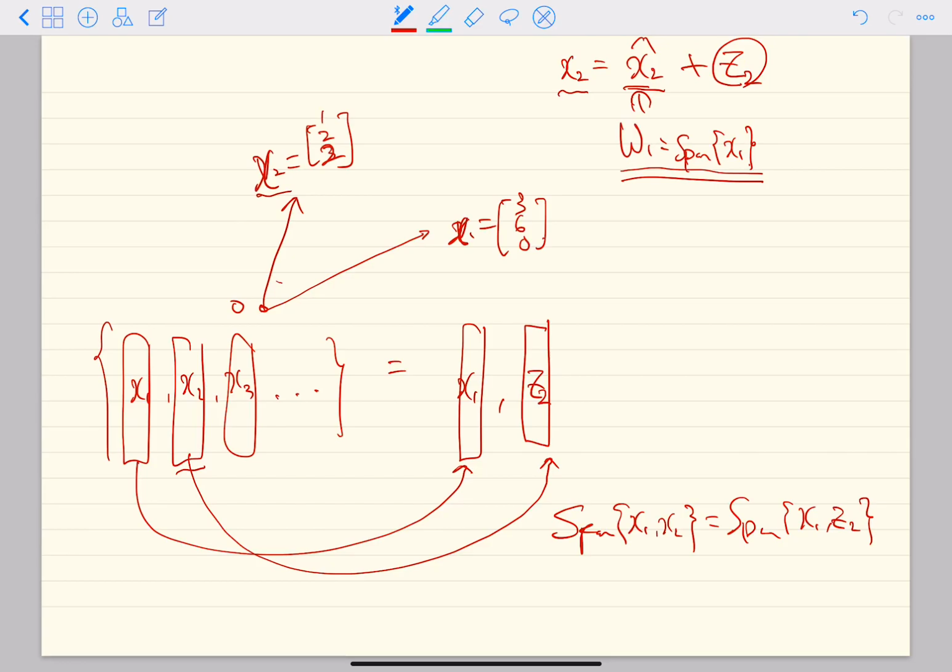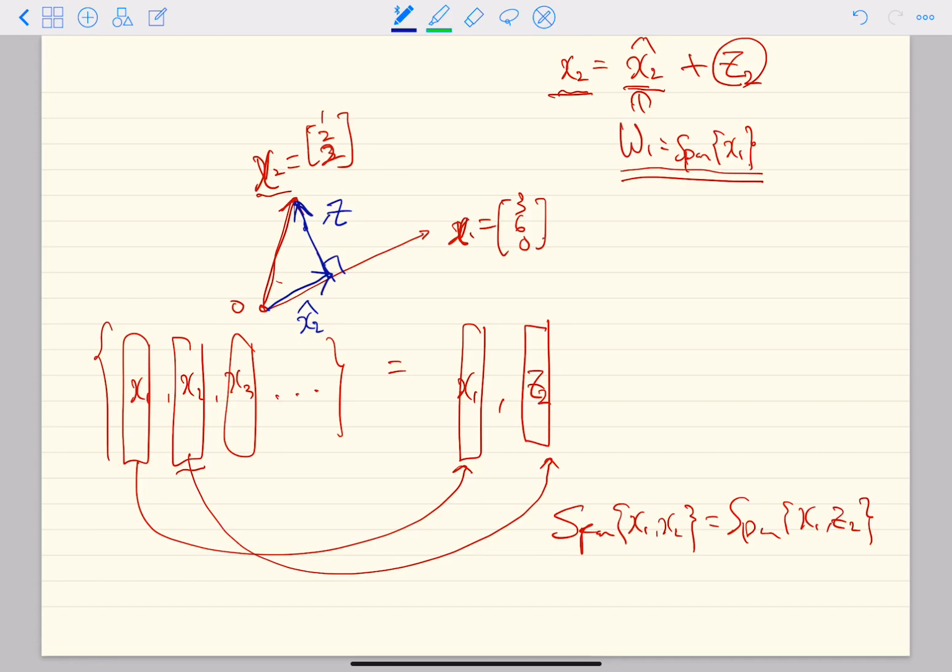So x2 over here, when considering the orthogonal decomposition, is something like this. This is x2 hat, and this is z. Okay, the span of x1 and x2, spanned by these two vectors, forms a plane, and their angle is not 90 degrees.